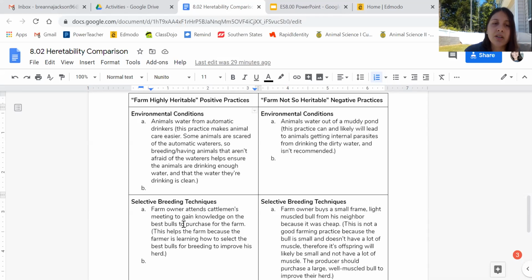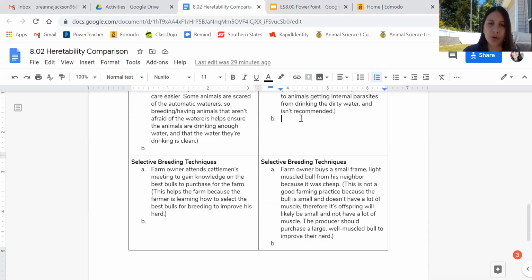But our guy at the good farm, at the positive practices farm, before he decides to buy a bull, decides to attend a meeting that's going to help explain to him how he can get the best bull for his farm. What does the best bull look like? So this ends up helping the farmer learn how to select the best bulls for breeding so that he can improve his herd.